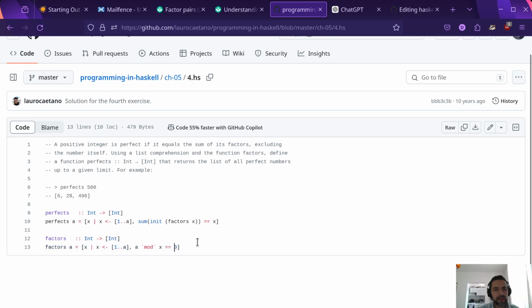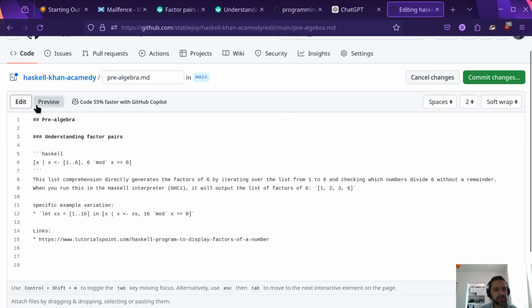Okay, this is from Graham's book, Programming in Haskell. Factors n. This is kind of the same as in here, I think.